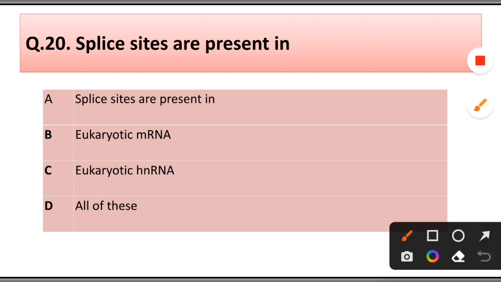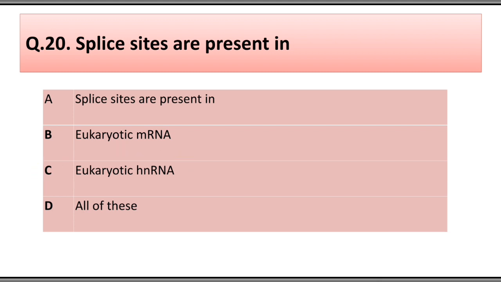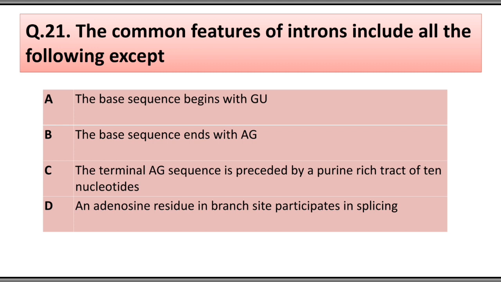20. Splice sites are present in eukaryotic mRNA, eukaryotic hnRNA, all of this. Correct answer is eukaryotic hnRNA. 21.